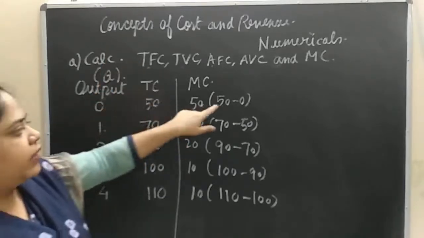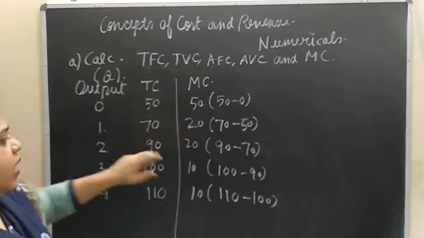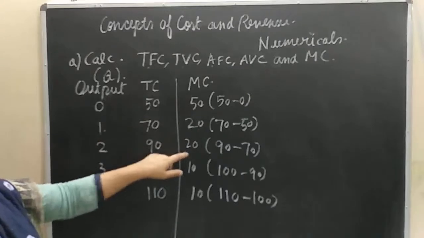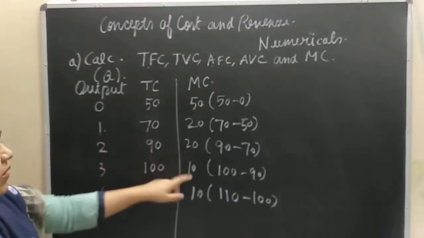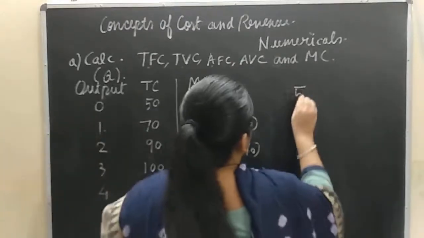50 minus 0, nothing is there, so it will be 50. 70 minus 50 is 20. 90 minus 70 is 20. 100 minus 90 is 10. 110 minus 100 is 10. Suppose these are the values.